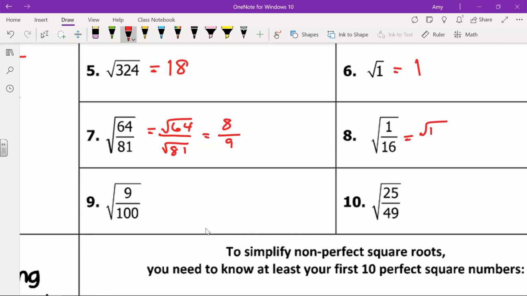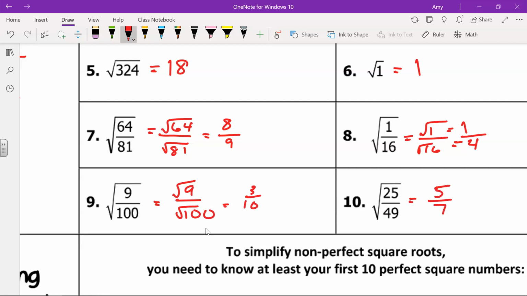We have the square root of 1 is 1 over the square root of 16, which is 4. So our answer is 1/4. And if we repeat that, we would have the square root of 9 over the square root of 100, which is 3/10. And this one would be 5/7.